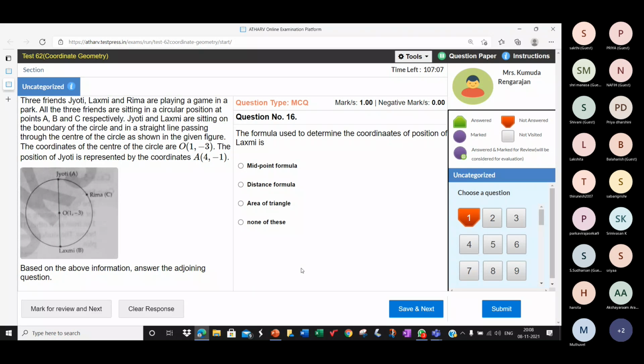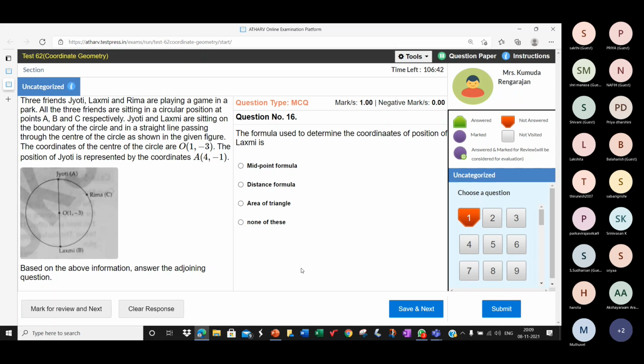So AB is the diameter, because it's a line segment passing through the center. The coordinates of the center are given to us, 1, -3. And A is also given to us, the coordinates of A, 4, -1.